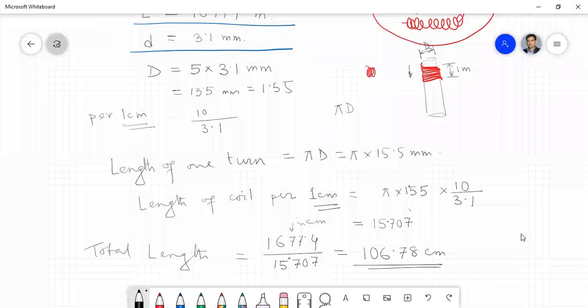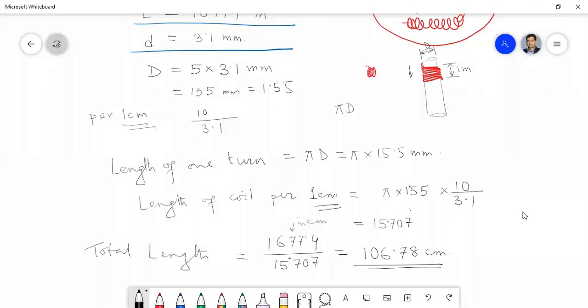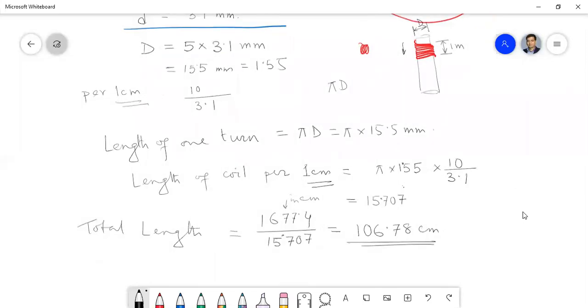So this type of helical coil design, we also do in case of transformer design. Have you designed a single phase transformer in your curriculum yet? Yes, sir.